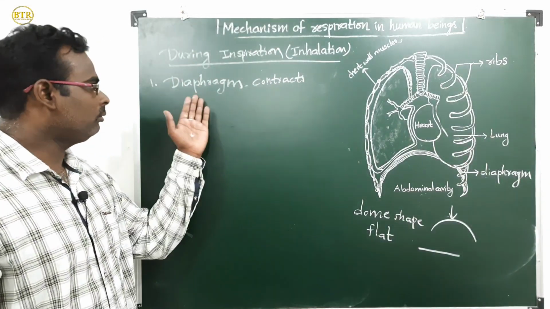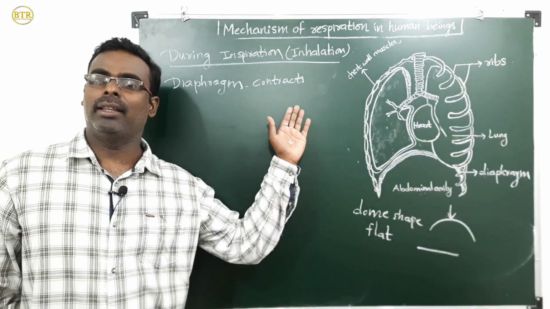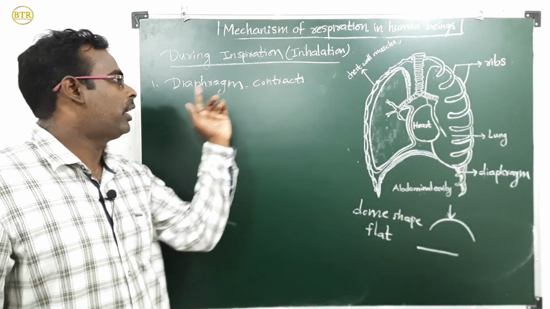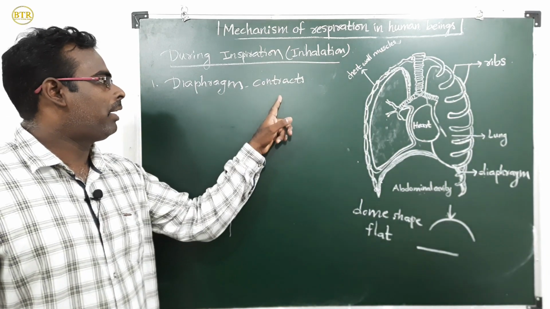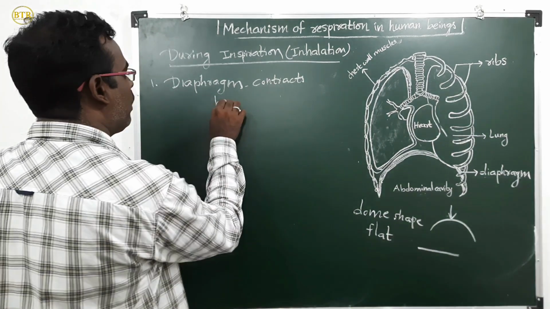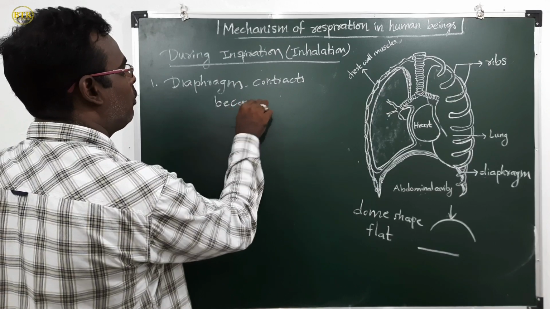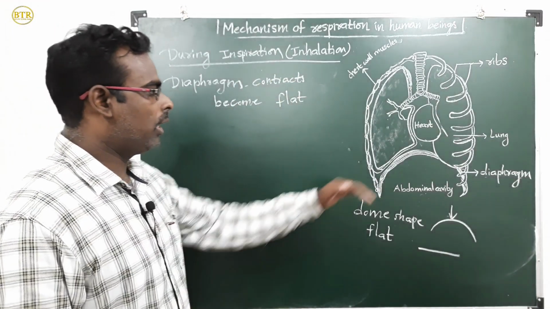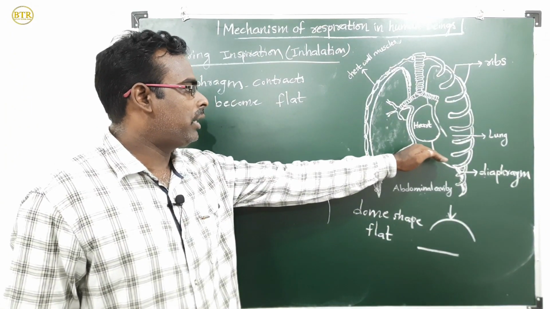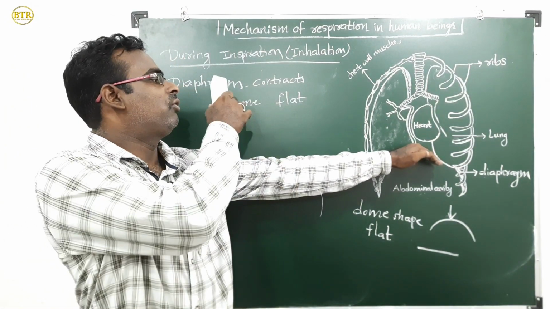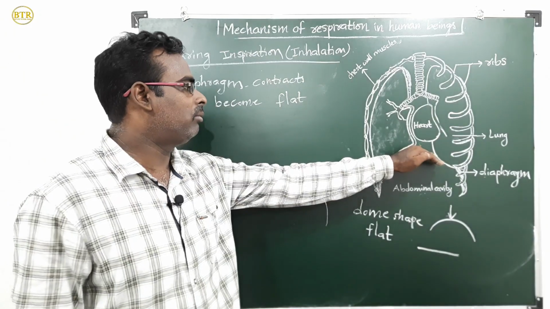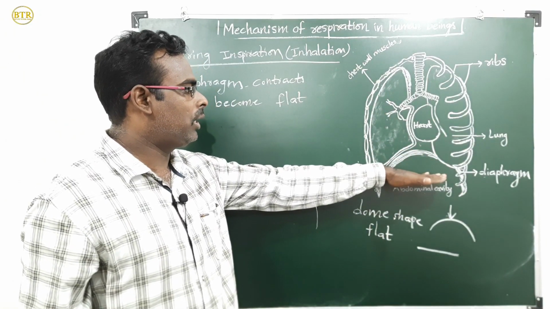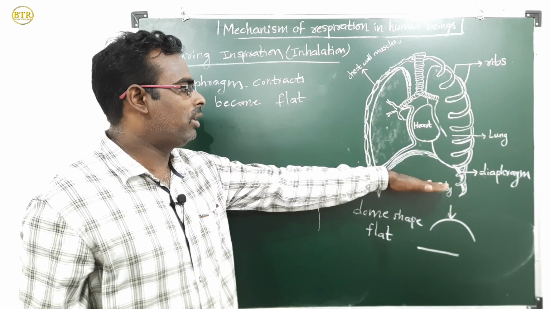The diaphragm contracts at the time of inhalation or inspiration. What happens when the diaphragm contracts? The diaphragm becomes flat. It is present in dome shape, and at the time of inspiration it moves down and converts into flat.